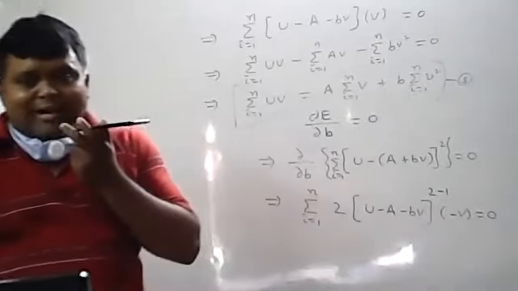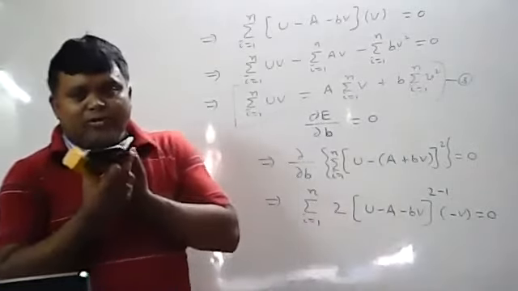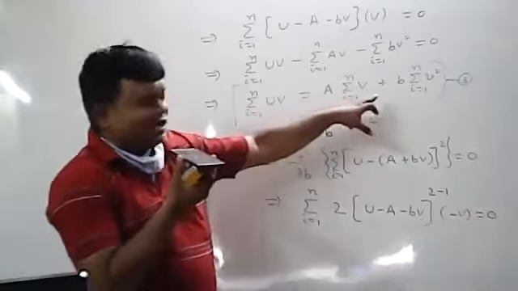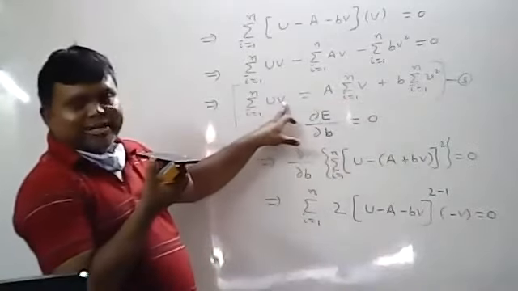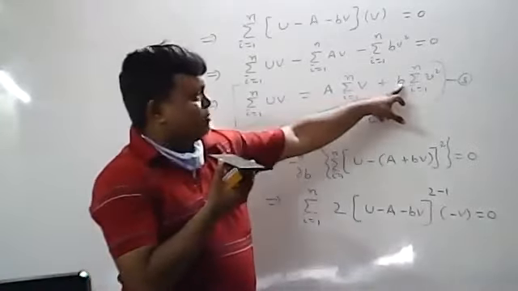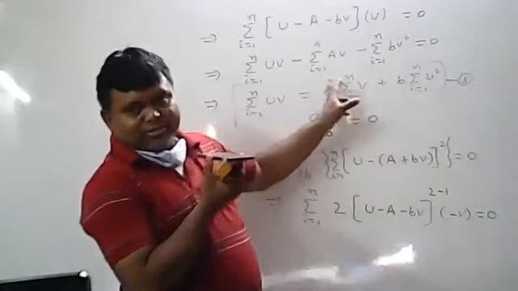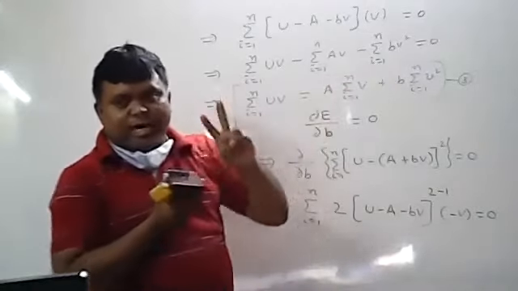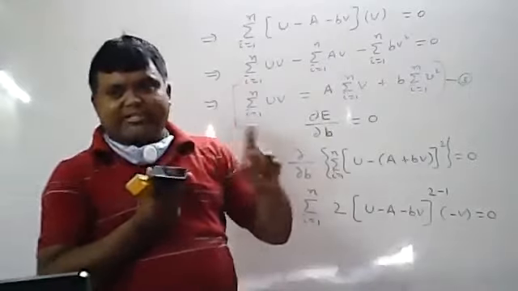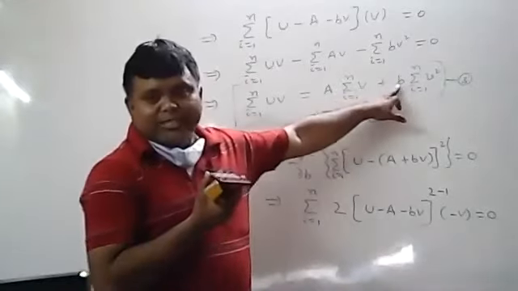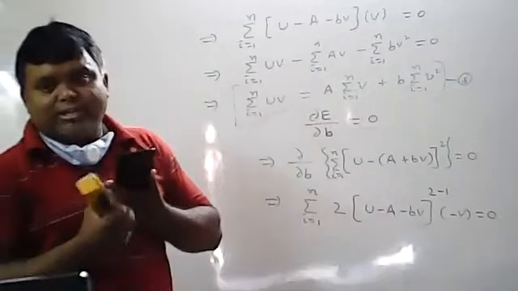Now I know the second equation and the third equation. If you solve those equations, what are the constants here? u and v are variables; capital A and small b are constants. If you solve the two equations, you will get the capital A value and the small b value.